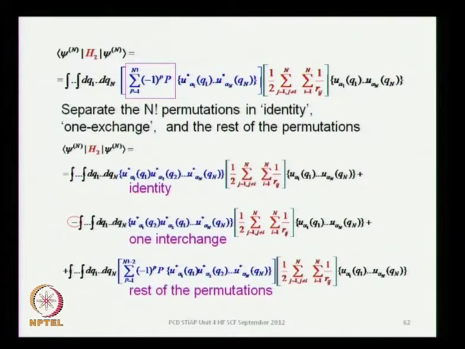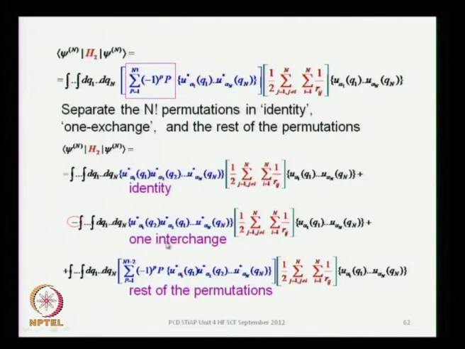So, I will deal with these three separately. So, the first term corresponding to identity is just this, what you find in this beautiful bracket. This is the product of the diagonal elements of the complex conjugated Slater determinant. So, that is what comes over here, that is the one corresponding to identity.